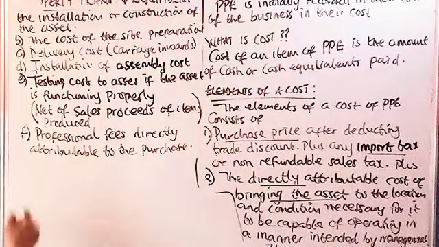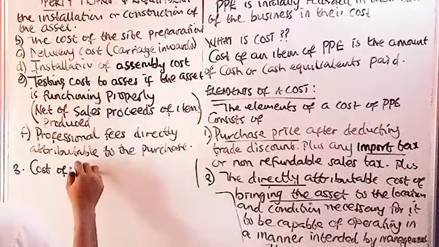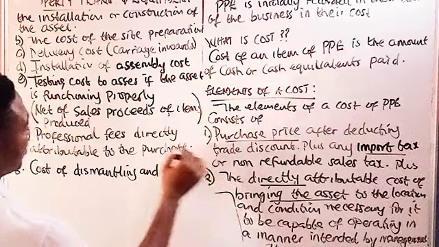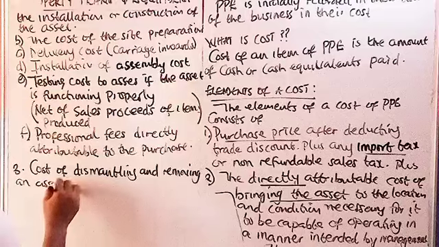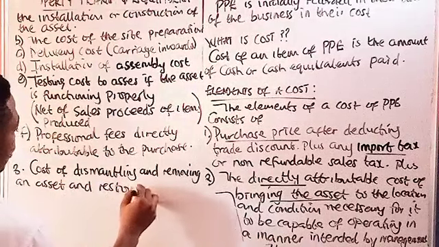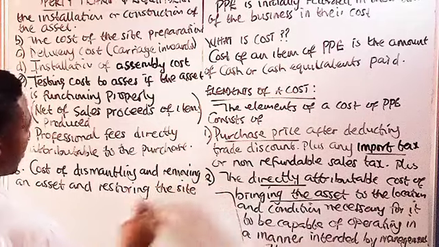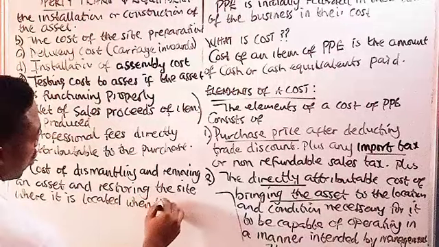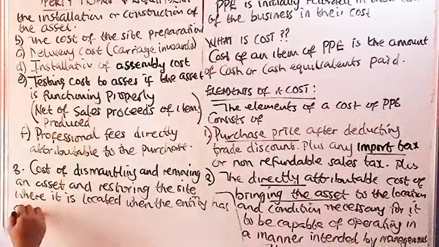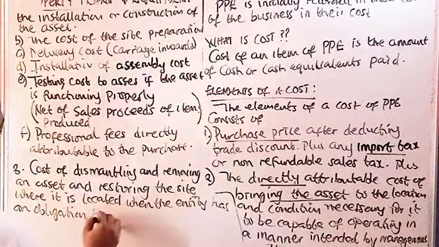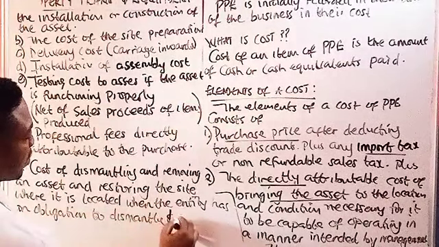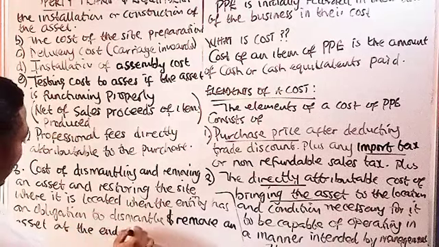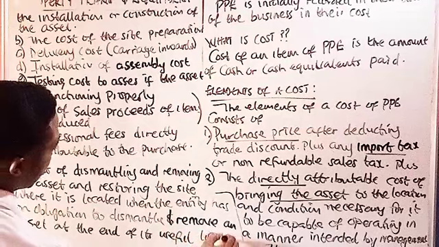Okay, so now let's see number three: cost of dismantling and removing an asset and restoring the site where it is located, when the entity has an obligation to dismantle and remove an asset at the end of its useful life.